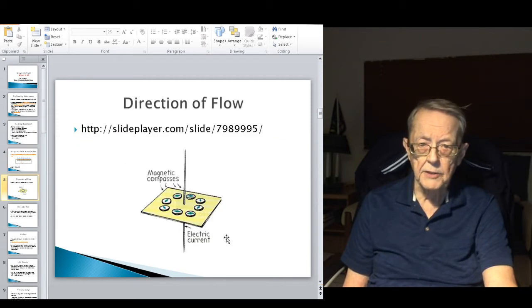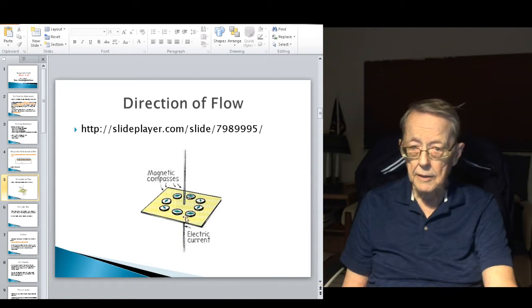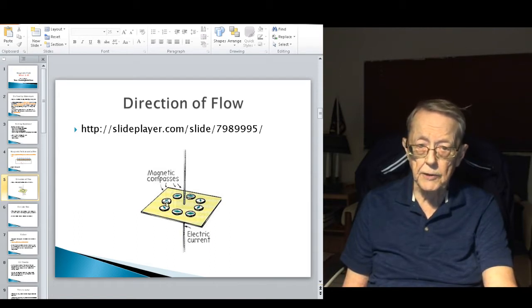So why is it circular? Well, this is one way you can determine which direction the magnetic field is going. You take the wire and make it vertical, push it through a surface, and on the surface you place compasses, and in each compass is a little tiny magnet.